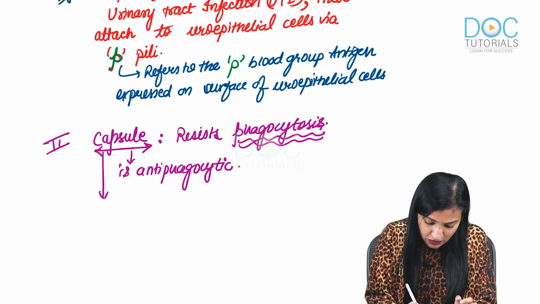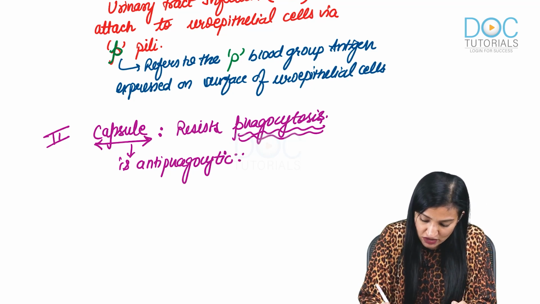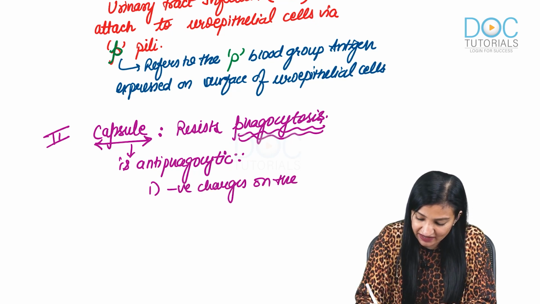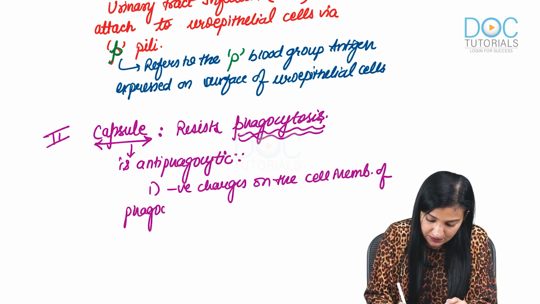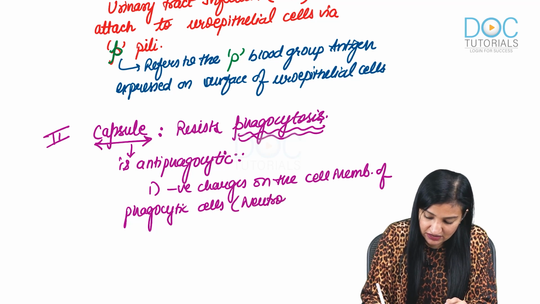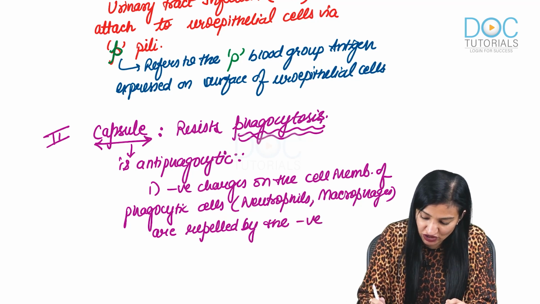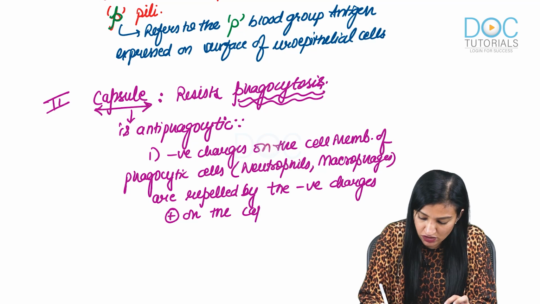Remember, the capsule is antiphagocytic, or it resists phagocytosis, because number one, the negative charges on the cell membrane of the phagocytic cells, that is neutrophils and macrophages, these negative charges are repelled by the negative charges present on the capsule.